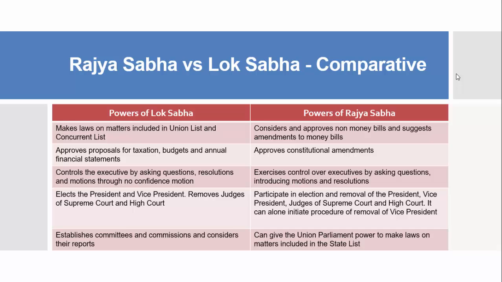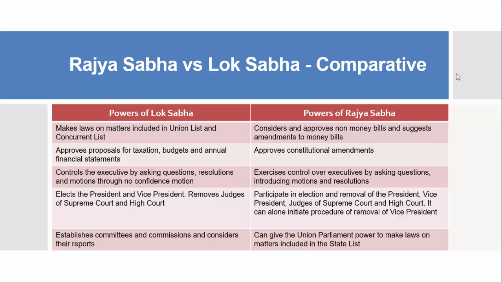Controls the executive by asking questions, resolutions and motions through no confidence motion. Rajya Sabha exercises control over executives by asking questions, introducing motions and resolutions.